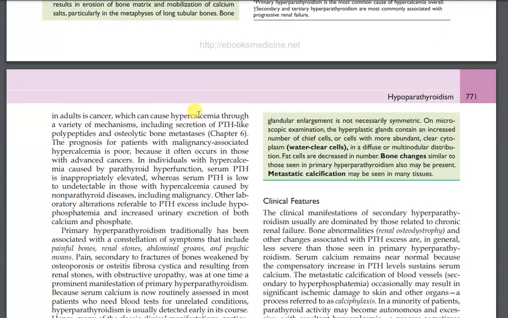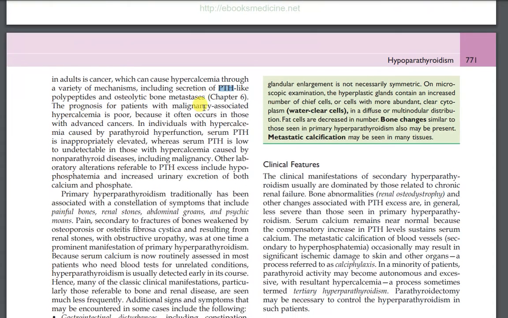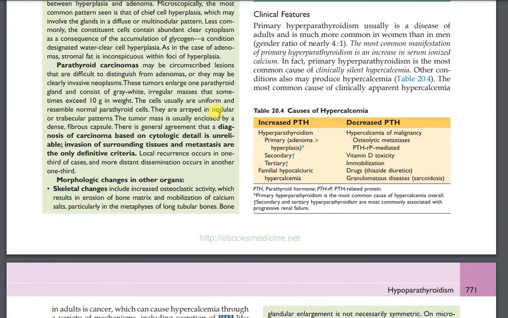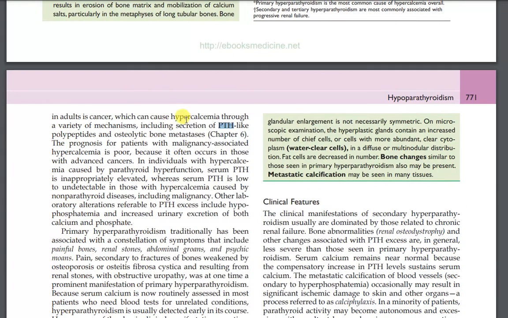The most common cause of hypercalcemia is malignancy, through a variety of mechanisms, including secretion of PTH-like polypeptides and osteolytic bone metastasis. So don't think that if you have increased calcium, it is always because of hyperparathyroidism. Sometimes increased calcium level might be due to a tumor. In the first group we'll discuss this feature in pancreas tumor, for example.